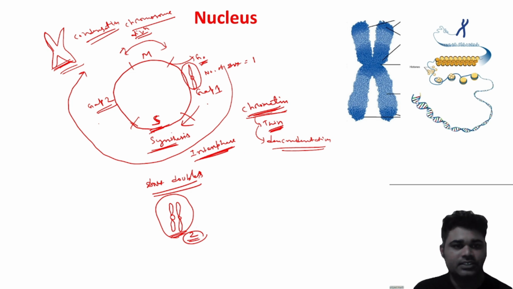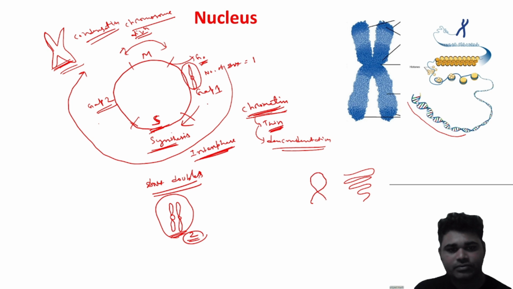Look at this structure, this is the DNA structure. Actually the DNA structure is simply a thread-like structure. This thread-like structure wraps around each other, and now it forms the chromatin structure.